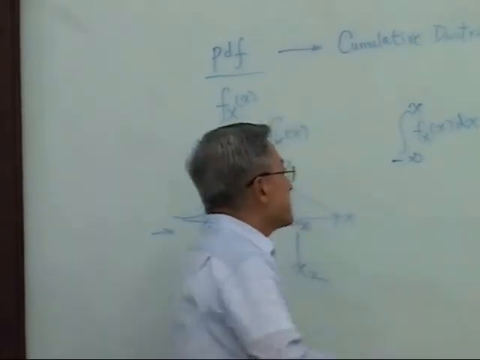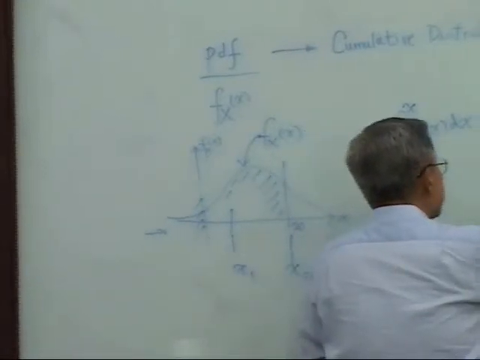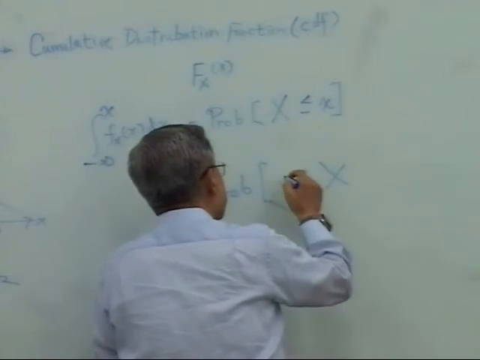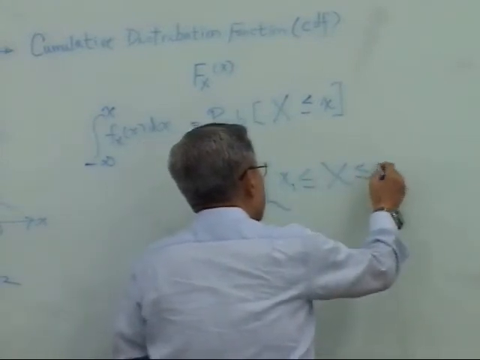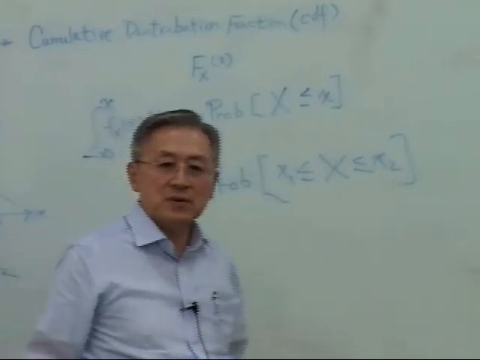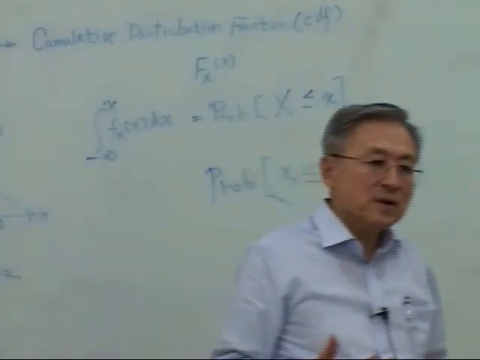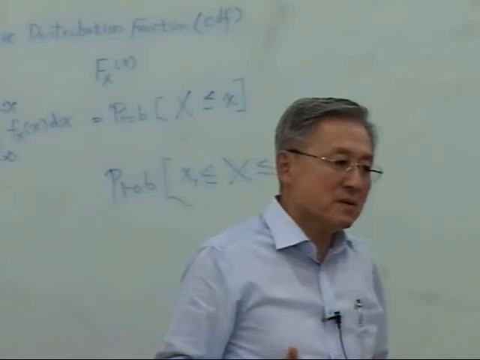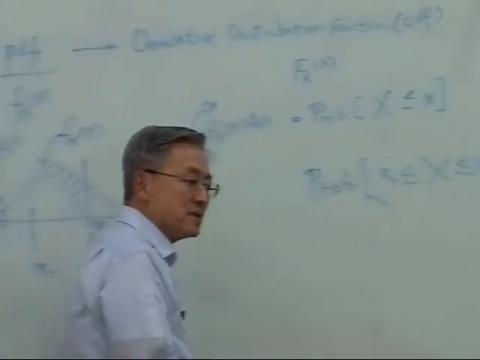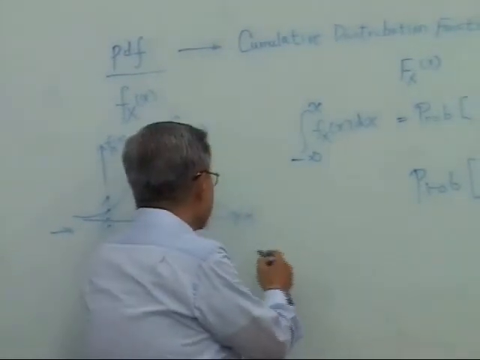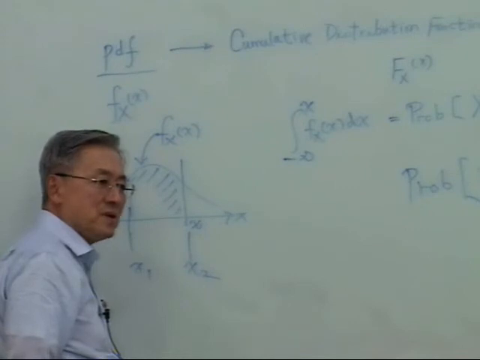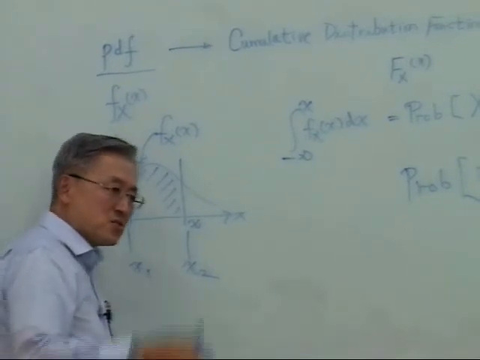What would be the probability such that x is between x1 and x2? What do you have to do? You have your own probability model. What do you have to do? You have to compute? Yes, sir? All you have to do is just compute the area. It's a simple integration problem.